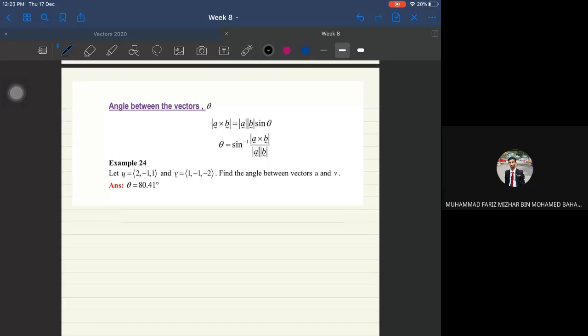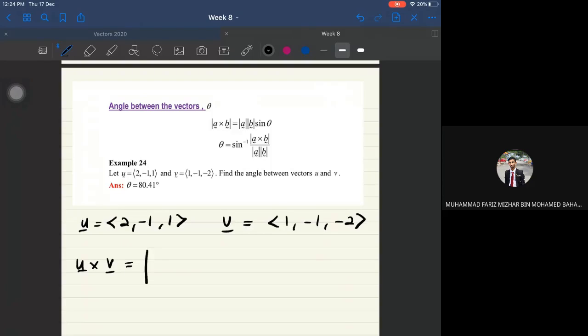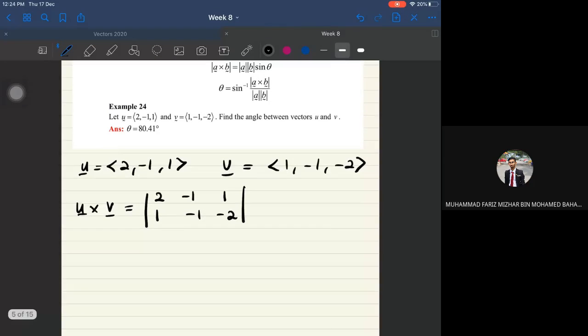So in this case, your u is equals to (2, -1, 1) and v is equals to (1, -1, -2). So u cross v is equals to, 2 negative 1 1, 1 negative 1 negative 2. So, cuba dapatkan saya jawapan. What is the result from this cross product?